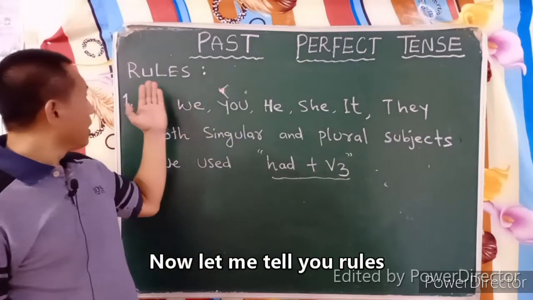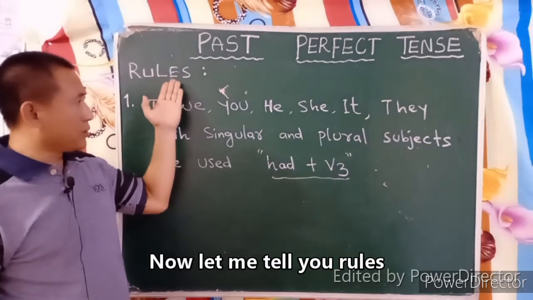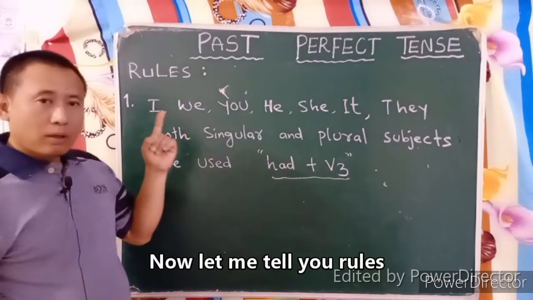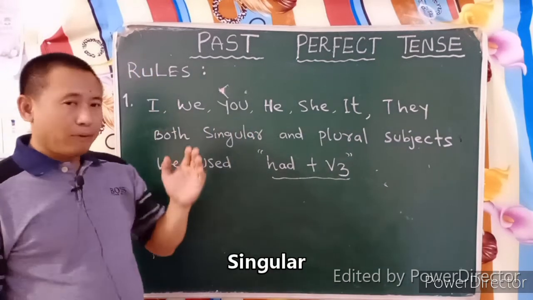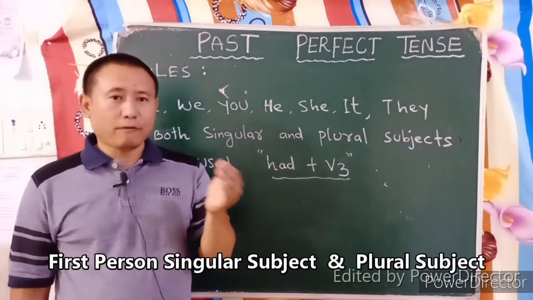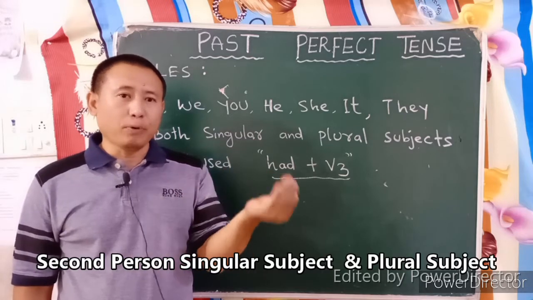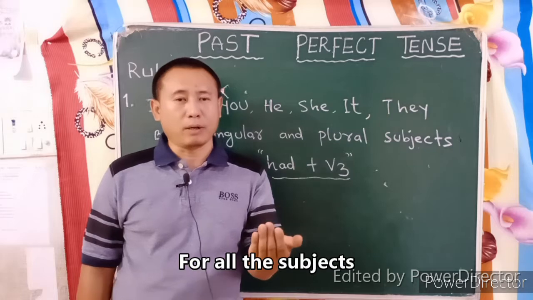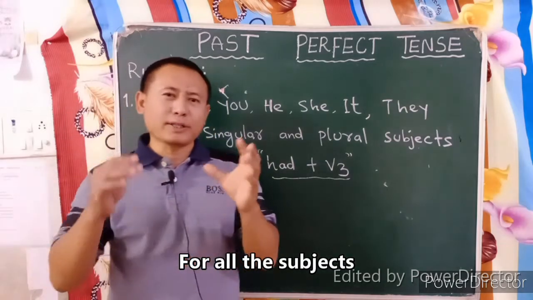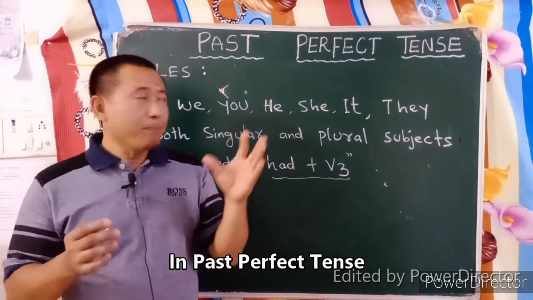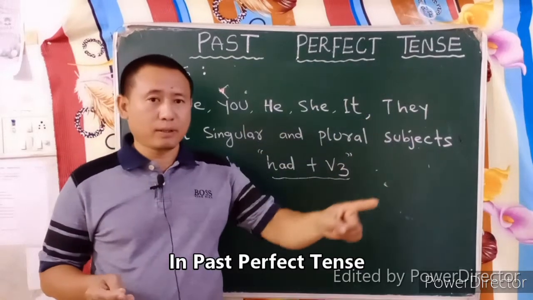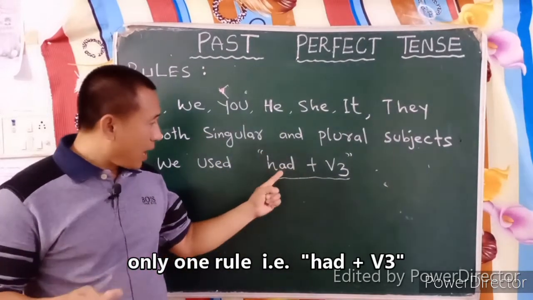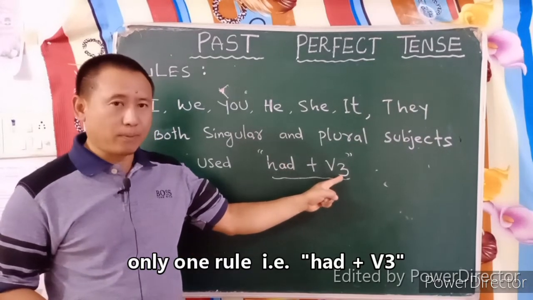Now let me tell you the rules. Rule 1. See, first person singular and plural, second person singular and plural, third person singular and plural. For all the subjects in past perfect tense, we use only one rule, that is had plus V3.